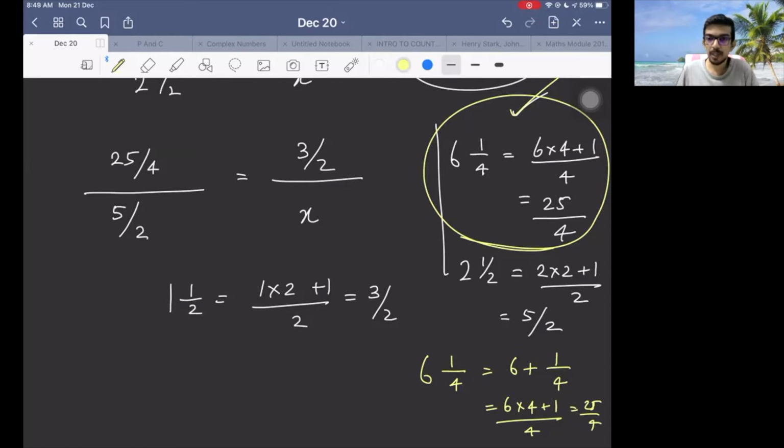Can you please cross multiply, simplify the expression and tell me what is the solution ultimately? What is the final value of x?